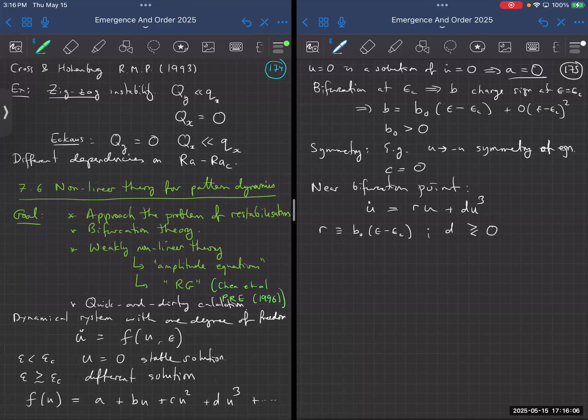So this is very much like the way that we constructed Landau theory in equilibrium. It's exactly the same thing, but now we're doing it for an equation of motion rather than just for a free energy.